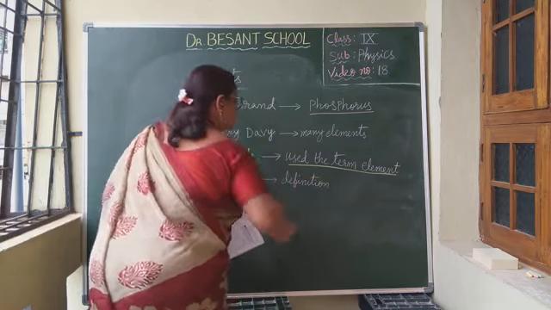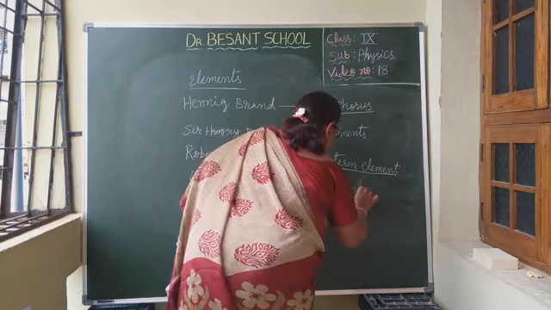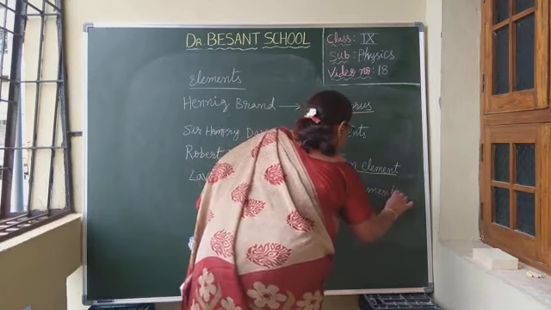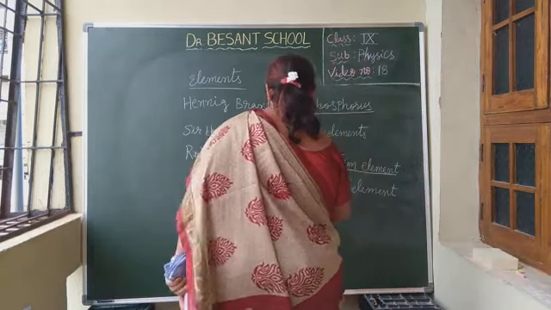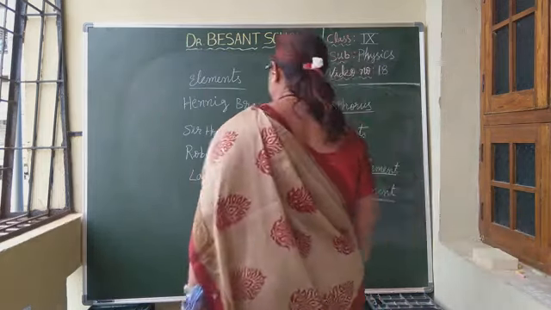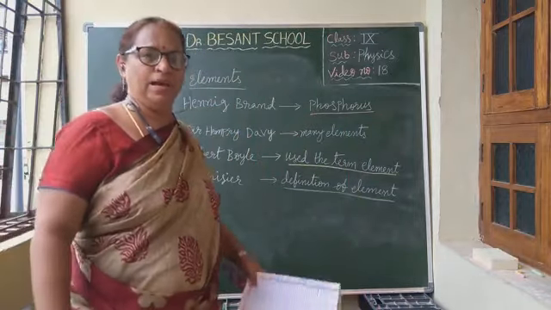Lavoisier is the scientist who gave the definition for element. The term element is used by Robert Boyle, whereas the definition for element is given by Lavoisier.